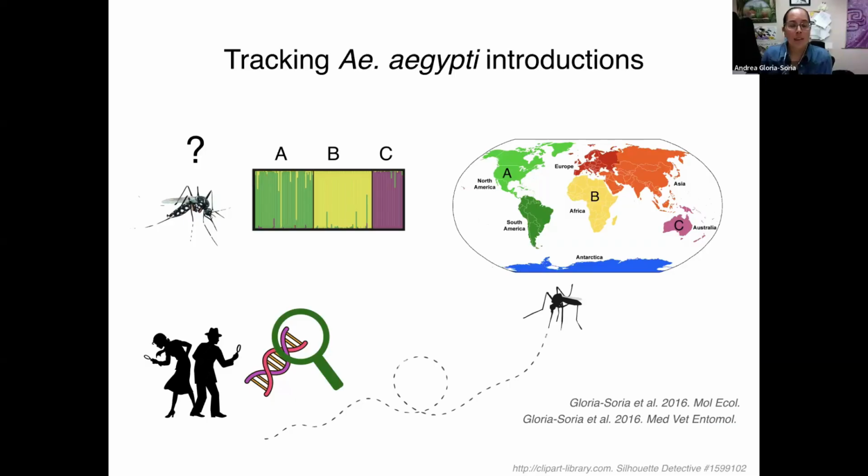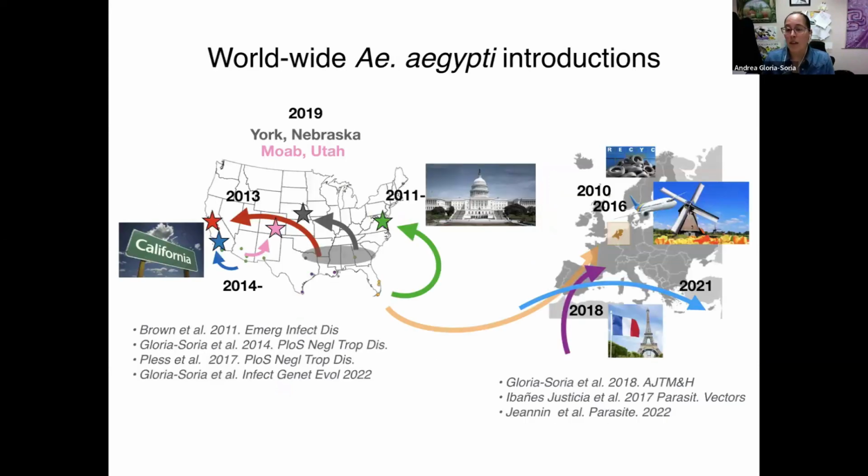And how accurate the tracking of the origin of the introduction is will depend on how complete our reference panel is. So the more mosquitoes we genotype, the more locations we have represented, the better would be our ability to track these introductions. And whether it works or not, I want to say yes, it does. We have been very successful at tracking introductions of these mosquitoes around the world.